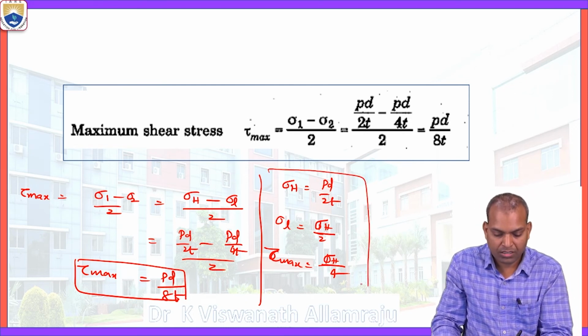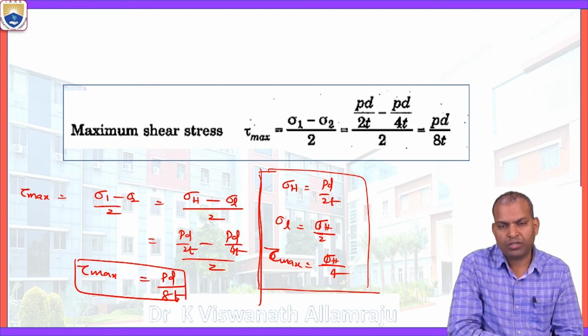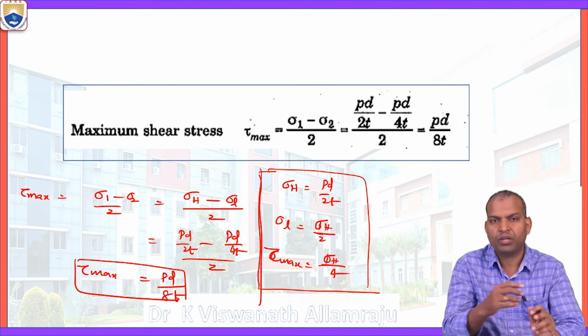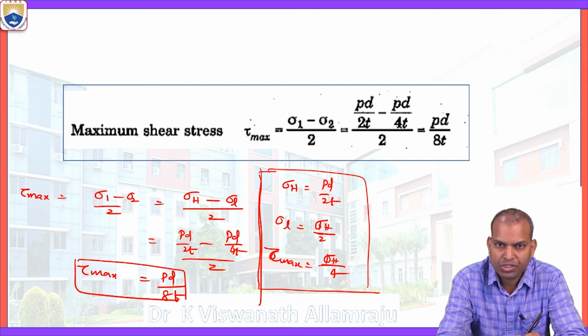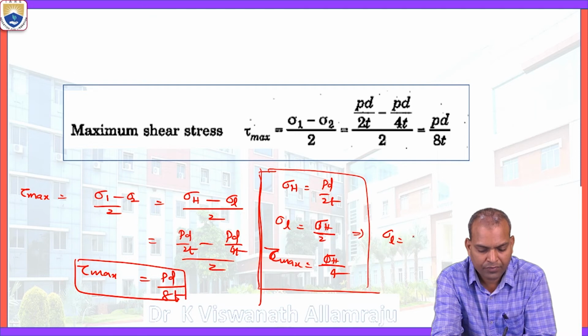So these are the relations with the hoop stress. If we know the hoop stress, we can know the value of the longitudinal stress, and the value of the shear stress can also be known. The maximum shear stress is 25% of the hoop stress, that is 1 by 4th. Or in another way, sigma L equals 50% of sigma h, and tau maximum is 25% of sigma h.